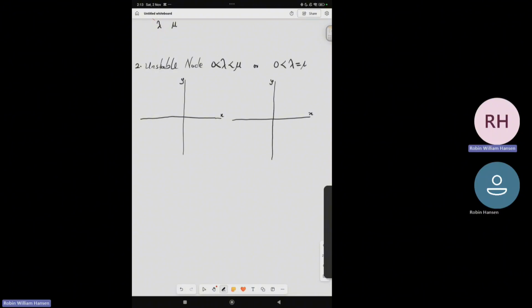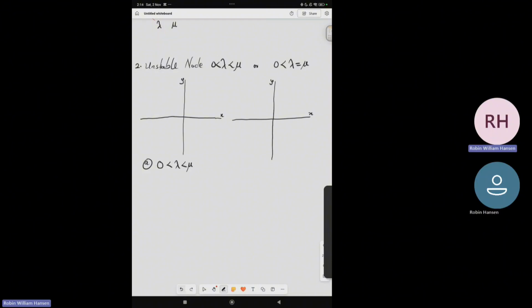So we will use our phase portrait E as the phase portrait where lambda is greater than 0 and less than mu.